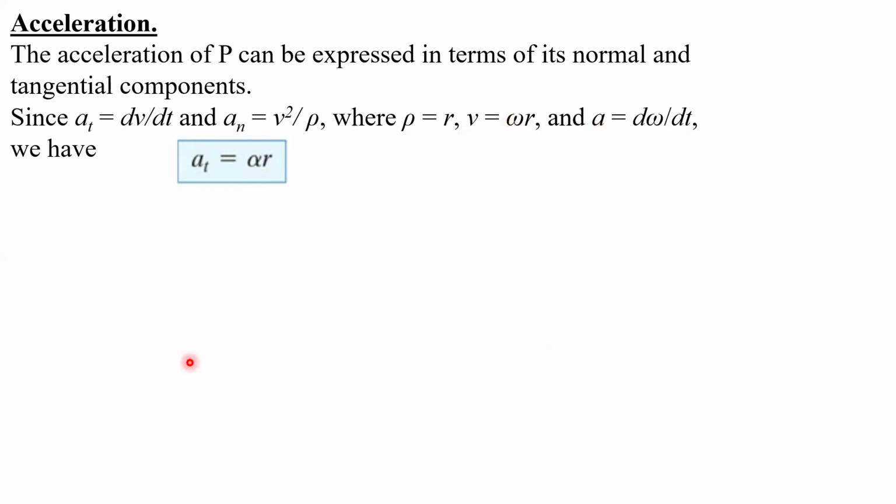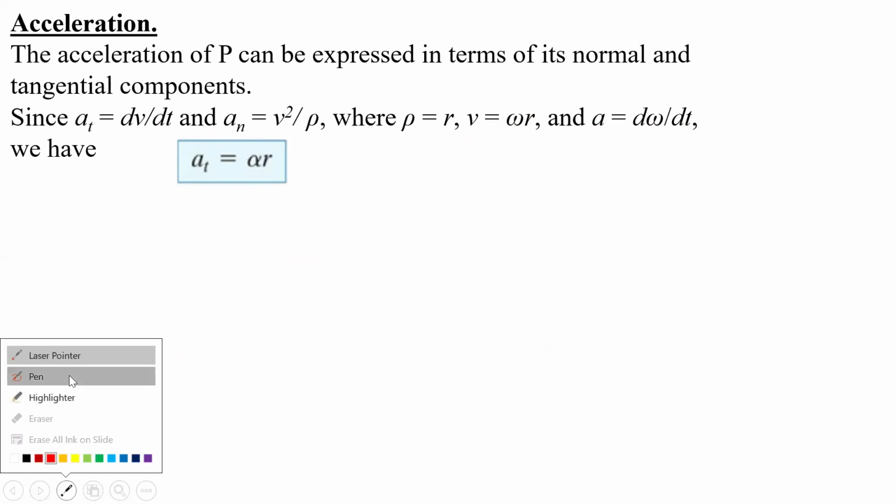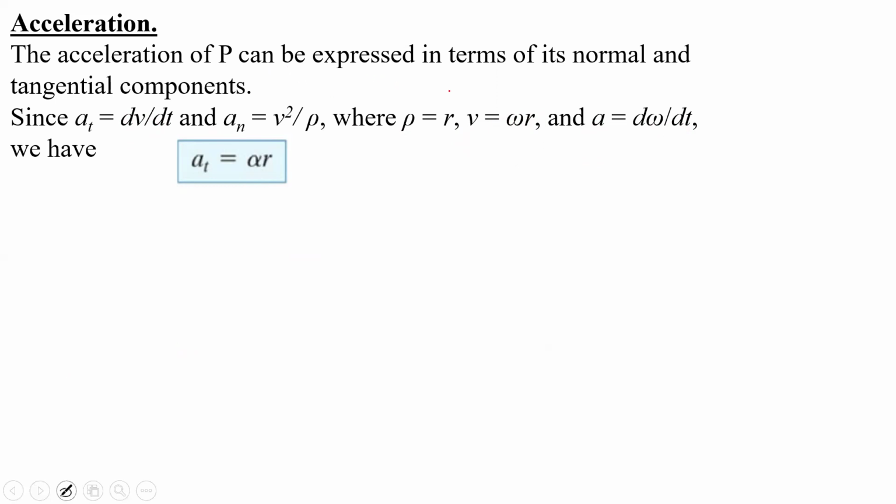So in essence, your acceleration is dv/dt, which is equal to d(omega R)/dt, and d omega/dt is alpha, then R. So your AT is equal to alpha R. This one is the tangential acceleration.